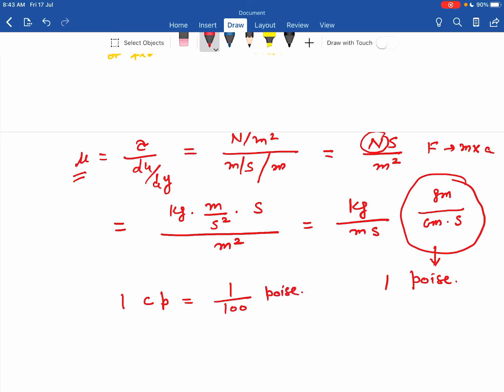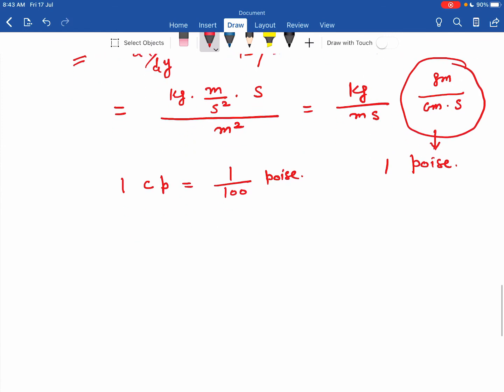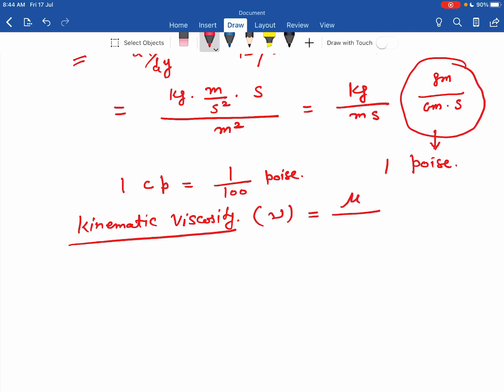Now we have one more type of viscosity that we call kinematic viscosity. The symbol is nu, and it is the ratio of dynamic viscosity to the mass density. If we talk about its units, mu has unit kg per meter second, and rho has kg upon meter cube. So for nu, the unit becomes meter square per second.